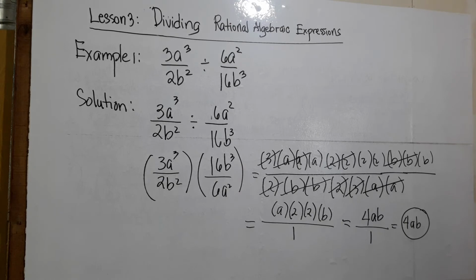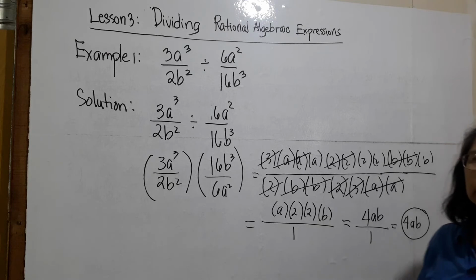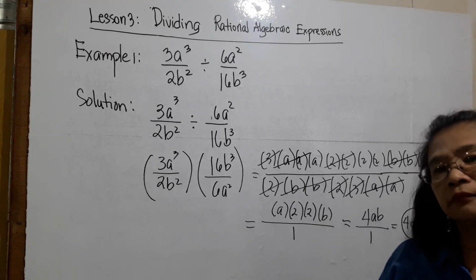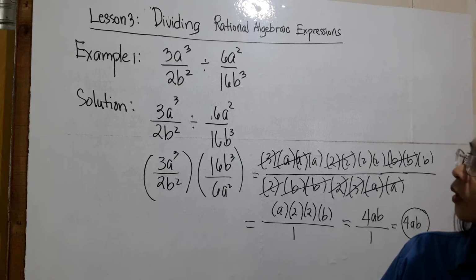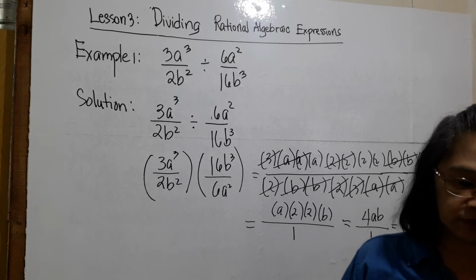So the quotient of example number 1, 3a cubed over 2b squared divided by 6a squared over 16b cubed, is 4ab. Okay? Any question? I think you understood the steps in dividing the rational expressions in example number 1. Okay, very good.